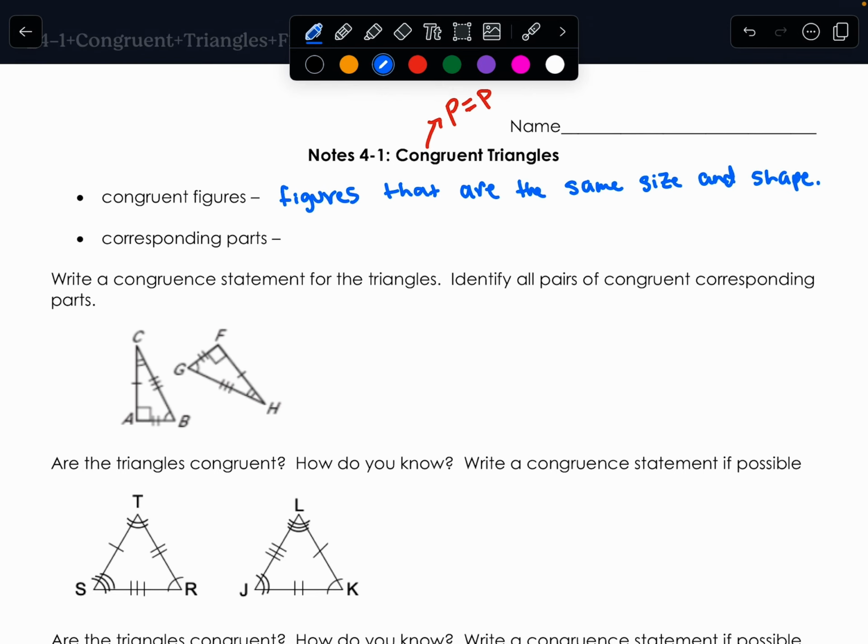So corresponding parts are angles and sides of a triangle that is congruent or that matches up with another triangle's angles and sides.